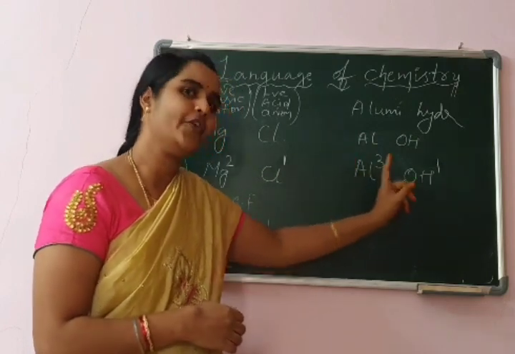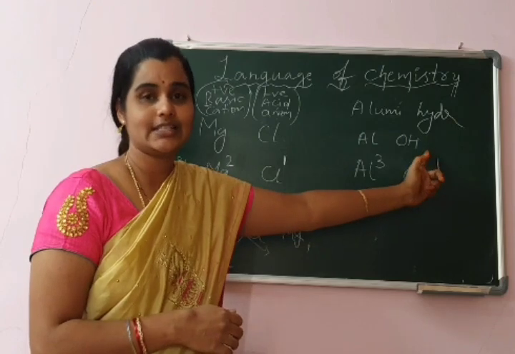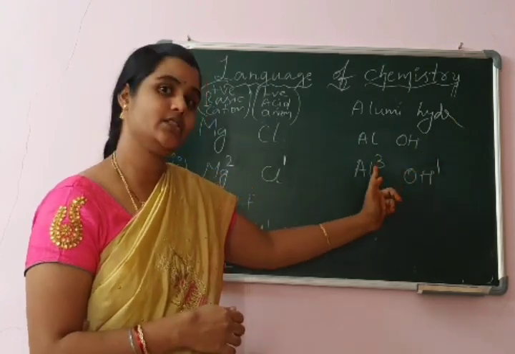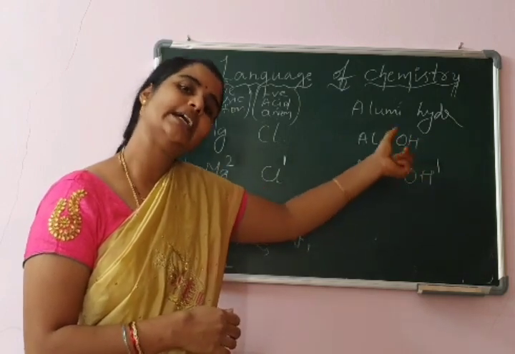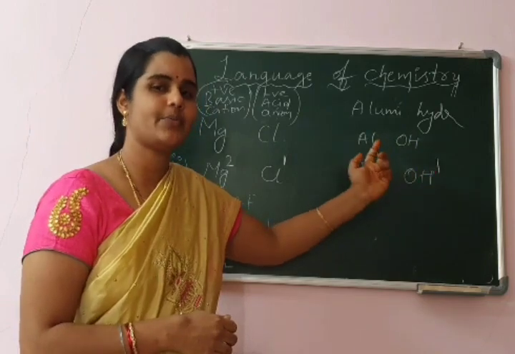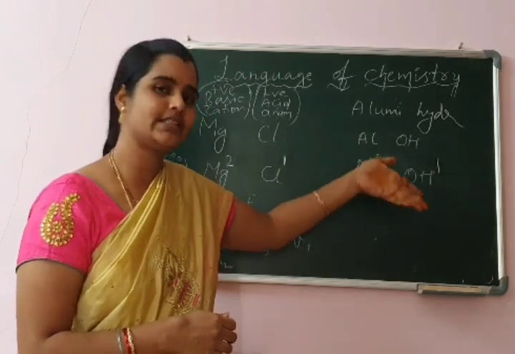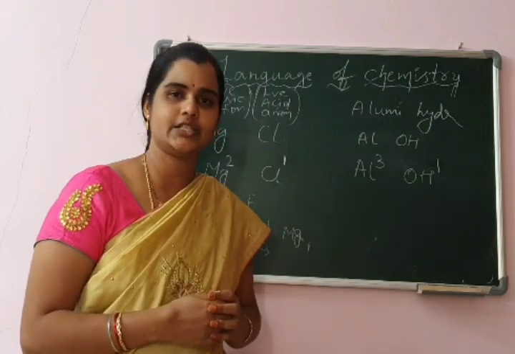What is the highest common factor for 1 and 3? It is 1. 1 does not consist of 3, but 3 consists of 1. If you divide with 1, you will get the valency of aluminium as 3 and the valency of hydroxide as 1. So there will be no change.